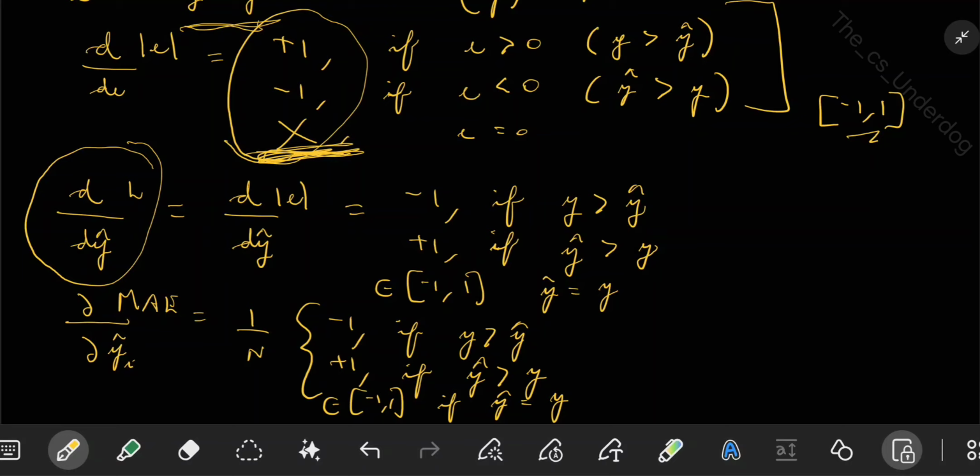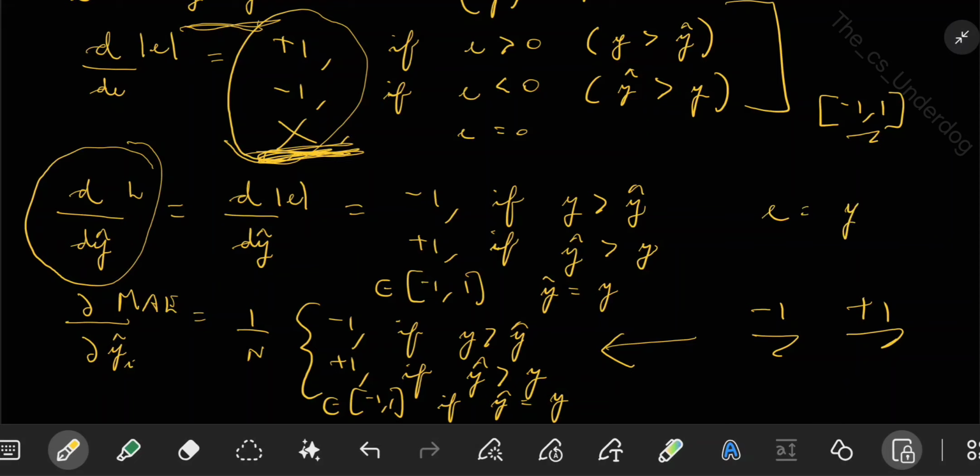So I just wanted you to clearly understand the gradient of MAE so that I can put forward the next point. What is my next point? My next point is that the gradient is piecewise constant. What is piecewise constant? Here the gradient is minus 1 or plus 1. It does not depend on the error. This is a very important point.